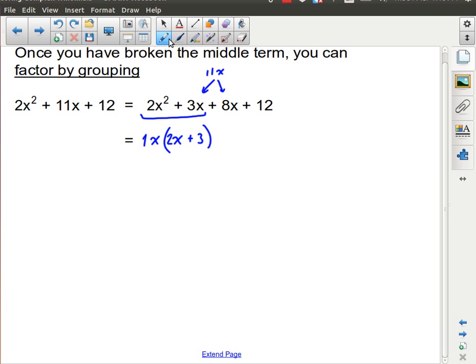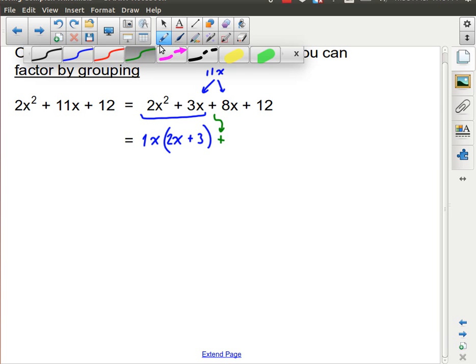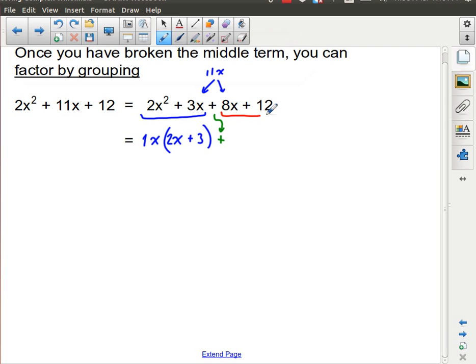Then, the next thing you do is you always take the sign between your first group and your second group. You bring that sign down. And then I'm going to factor this second group. The second group, for the constants, 8 and 12, what's common? It's going to be 4, and because this is a positive sign, it's going to be positive 4.